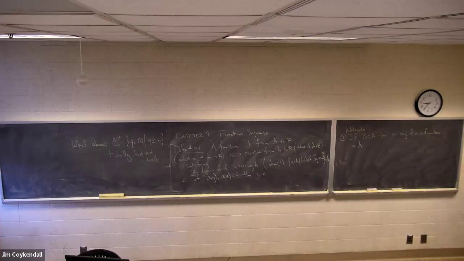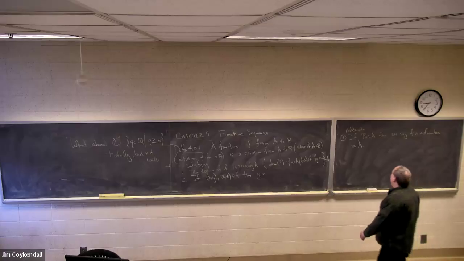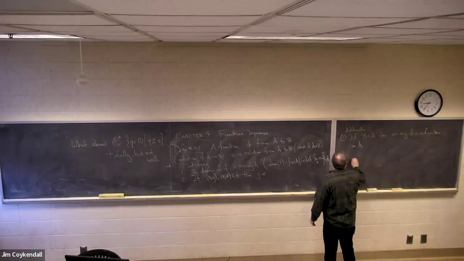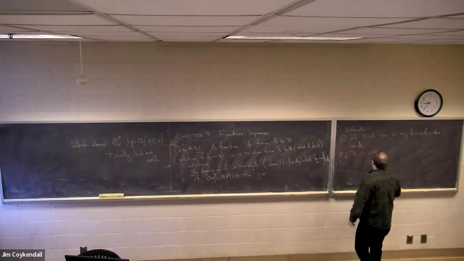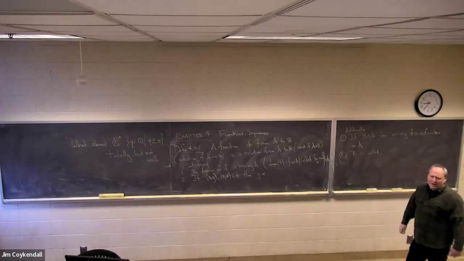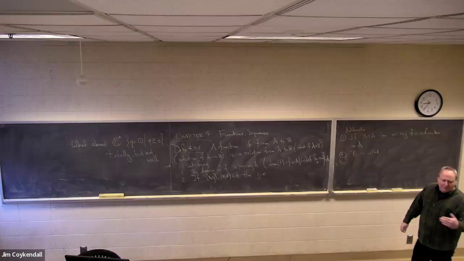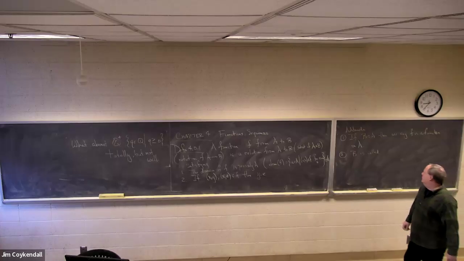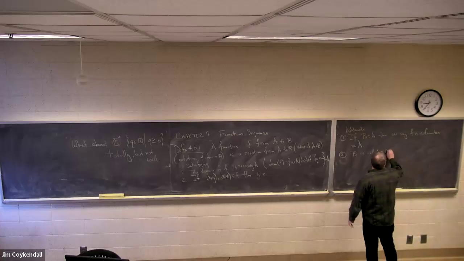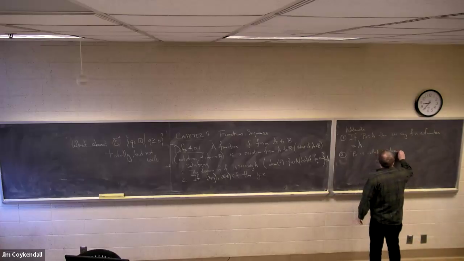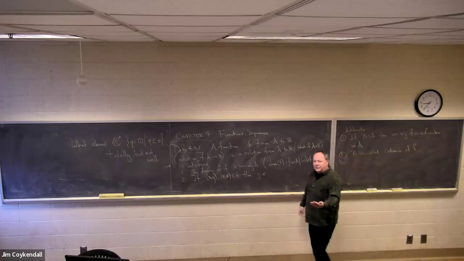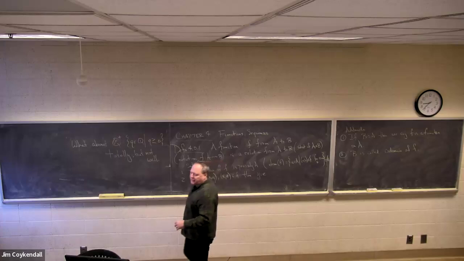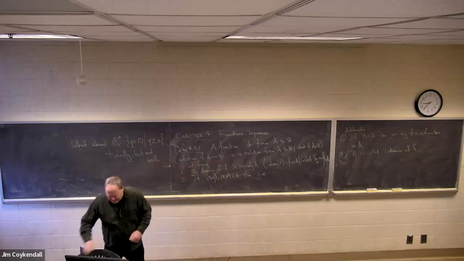B and A are the real numbers. And two, B is called, you all are used to calling it the range, probably, right? It's where it goes. I'm going to use a different terminology. Range is going to mean something else. B is called the codomain. So A is the domain, B is the codomain, where it goes.